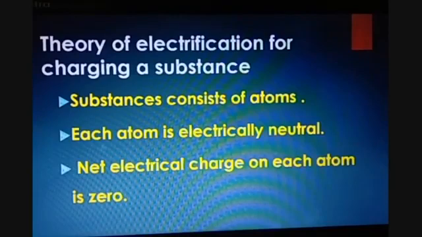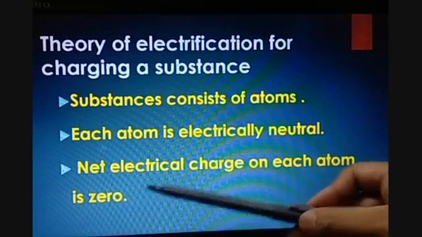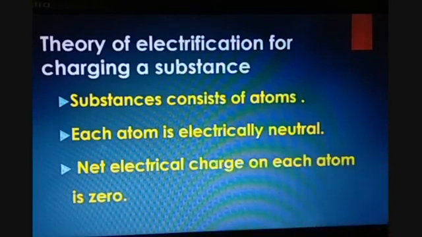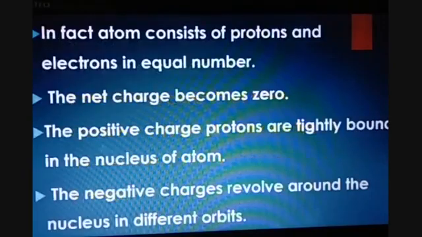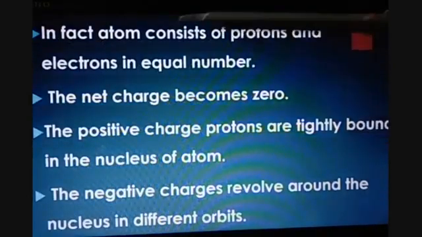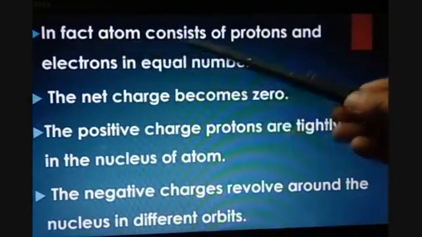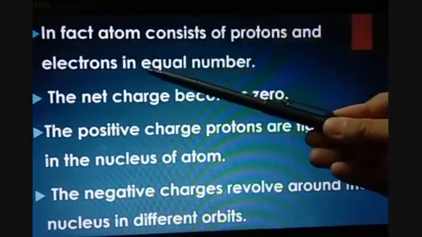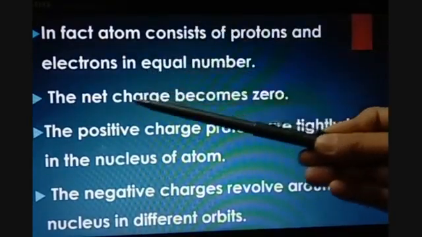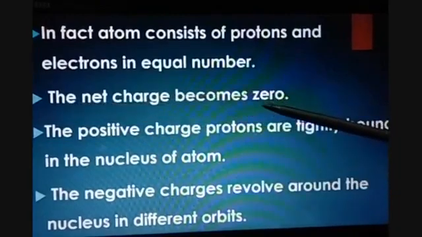So the net electric charge on each atom is 0 because of the presence of protons and electrons. In fact, an atom consists of protons and electrons in equal numbers. So the net charge becomes 0.